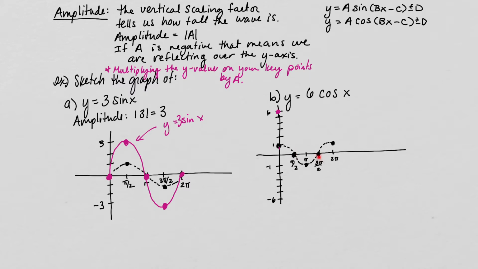On this point and on this point, so these 2 points, the y value was 0. And 0 times 6 is still 0. So this point's still going to stay there, and this point's still going to stay there. This point here was at -1. -1 times 6 is -6.